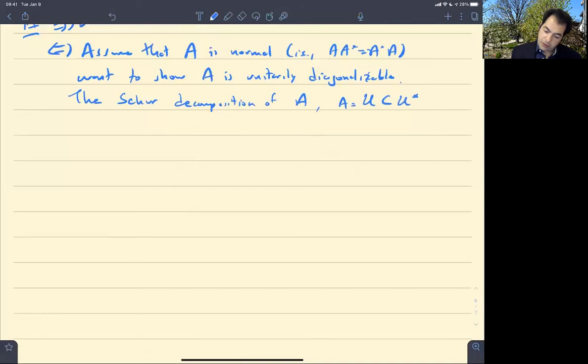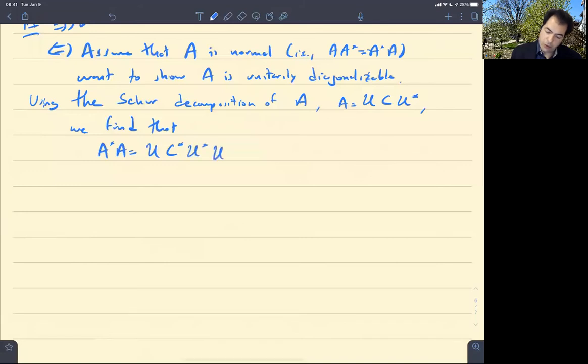implies, so using the Schur decomposition of A, we find that A star A is U C star U star U C U star.